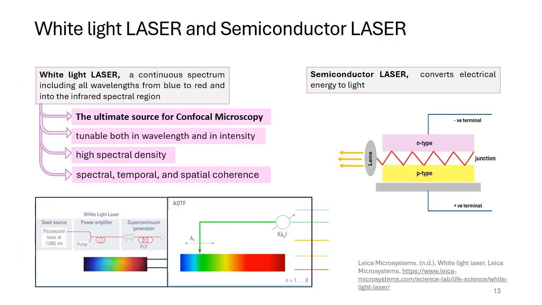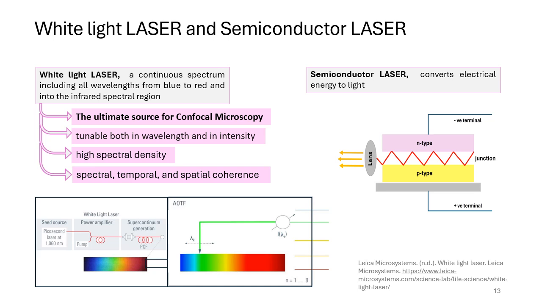Classic laser sources usually only provide one single narrow emission. Of course, there are some solid state lasers that are tunable, but they are only tunable up to a specific range. But the white light laser provides a broad range of tunability.